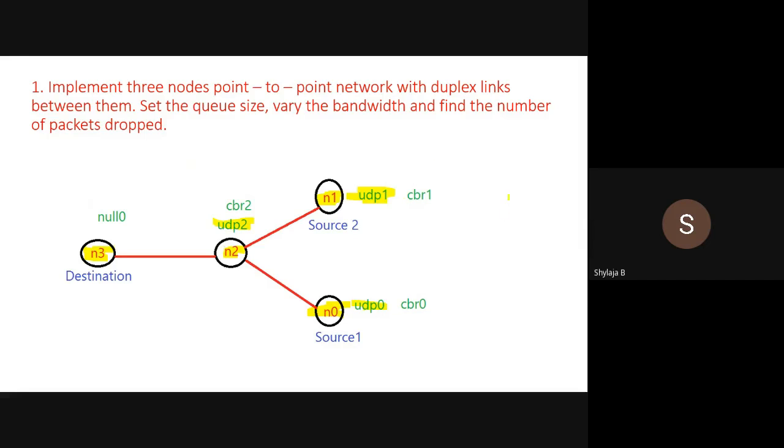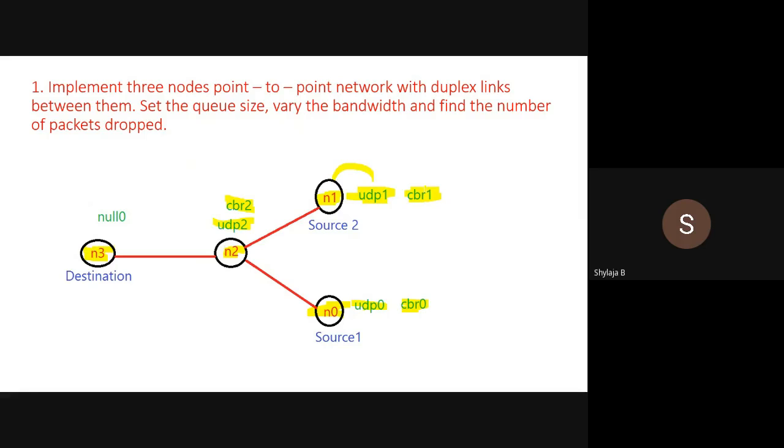Then each node has to generate some data, and that data must be forwarded to the destination. For that, we are using an agent called CBR, that is constant bit rate. So for N1 we are creating CBR1, for N0 we are creating CBR0, and for N2 we are creating CBR2. Here, after creating node 1 and configuring, we will create this UDP agent and attach it to the node.